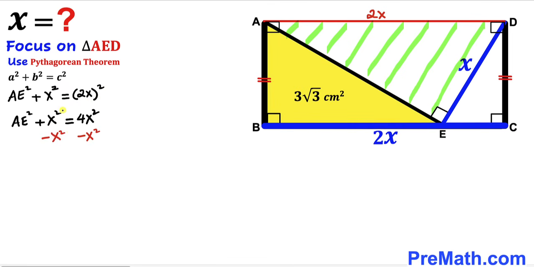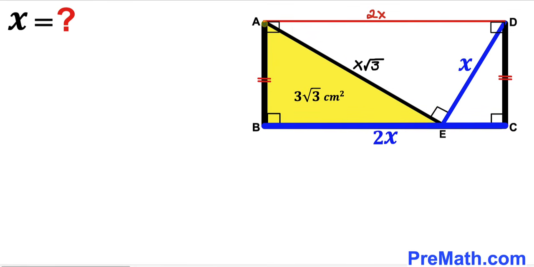And now we are going to subtract x squared from both sides. This is gone. So therefore AE squared is going to be equal to 3 times x squared. And now I'm going to undo this square by taking a square root on both sides. So therefore this side AE length is going to be equal to x times square root of 3 centimeter. So thus our side AE turns out to be x times square root of 3.